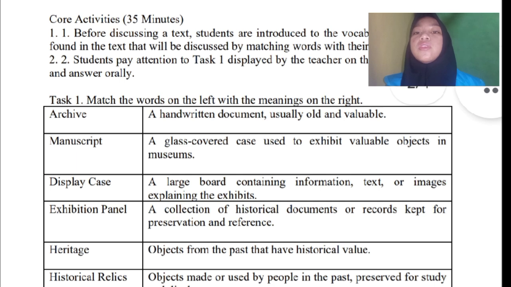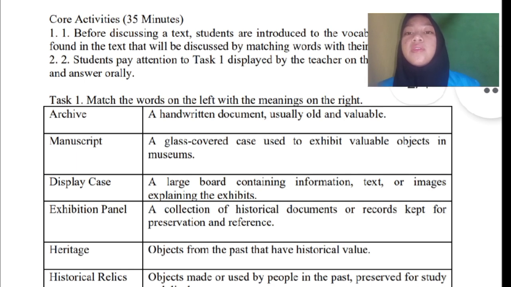Students pay attention to task 1 displayed by the teacher on the projector screen and answer orally. So, in the main activity, students learn new vocabulary related to museum.